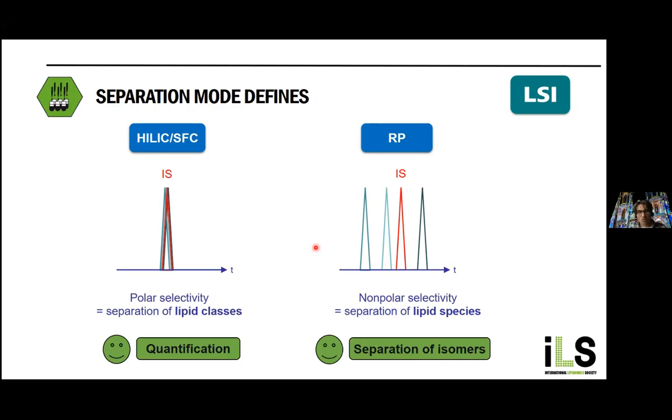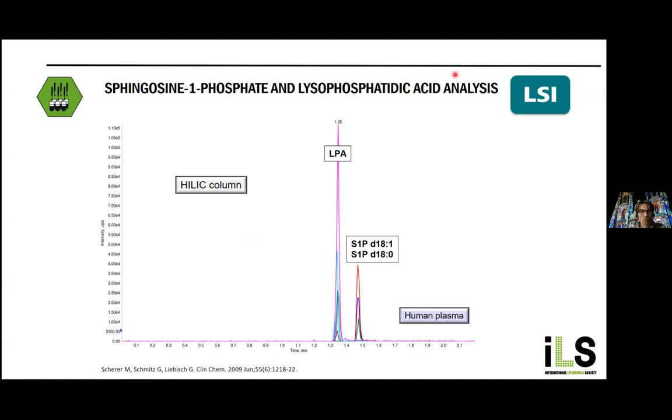Otherwise, it's difficult, and I would love to show you some data on that. Just as an example, we have a HILIC method in our lab for LPA and sphingosine 1-phosphate, and you see HILIC allows in a perfect way co-elution of internal standard and analytes.